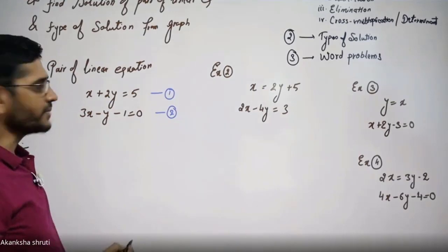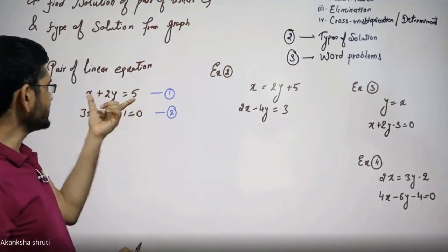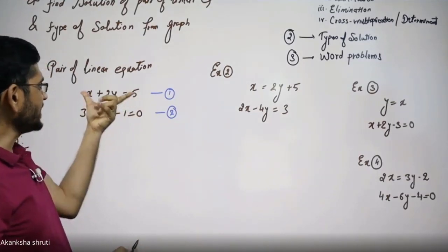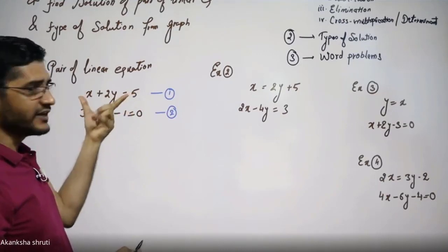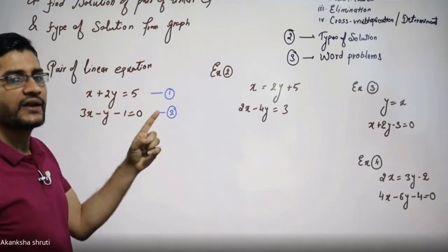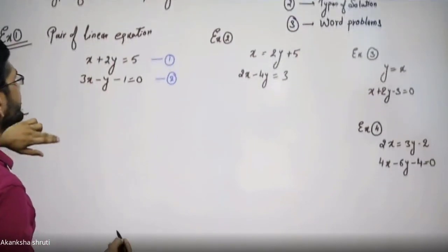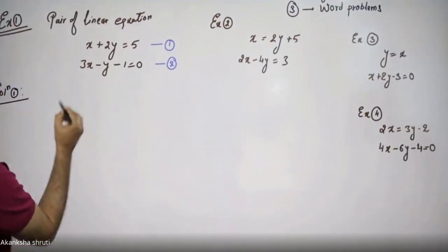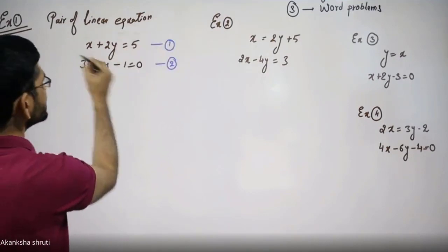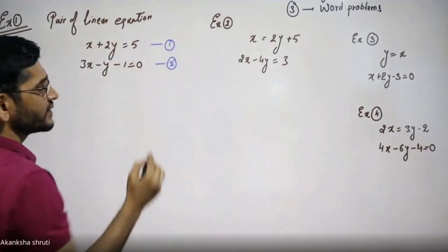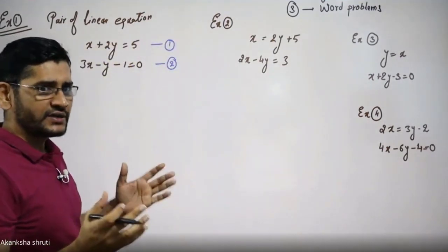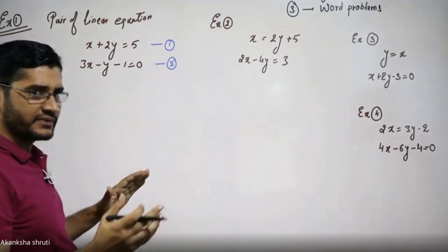We will observe that the graph of each of these linear equations represents a straight line. So how can a straight line be drawn? Please observe. Take each of these equations separately, take some of their solutions, and plot them on the graph. That is the way.